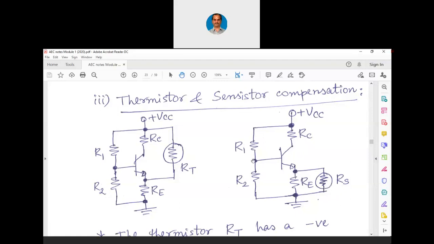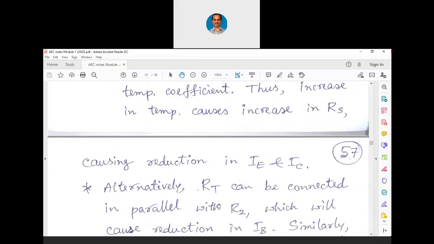RS is in parallel with R1, so when temperature increases, the effective resistance from the power supply to the base increases. If it increases, the voltage at the base reduces because the base current reduces. When the base current reduces, naturally the transistor comes back to active region. That is how there are many ways of keeping this circuitry compensated so that the Q point remains stable.